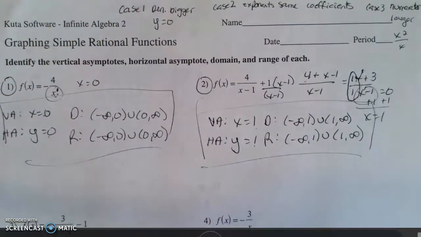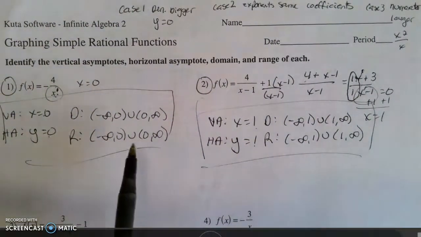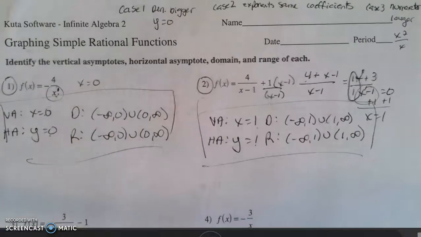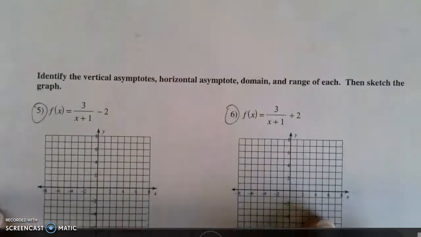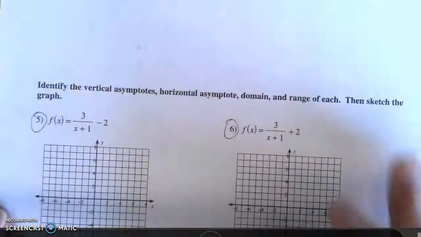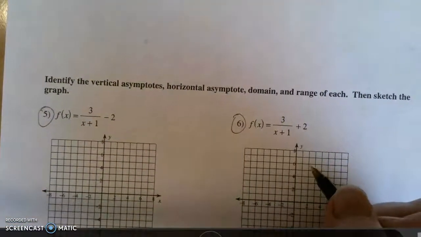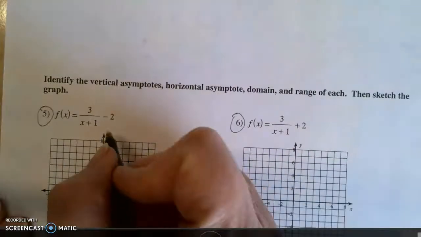All right, so that's an example of getting your vertical and horizontal asymptotes and using those asymptotes to determine our domain and range. You should start seeing patterns here as we're doing this. Okay, now we're going to get our asymptotes and graph. I need a common denominator.